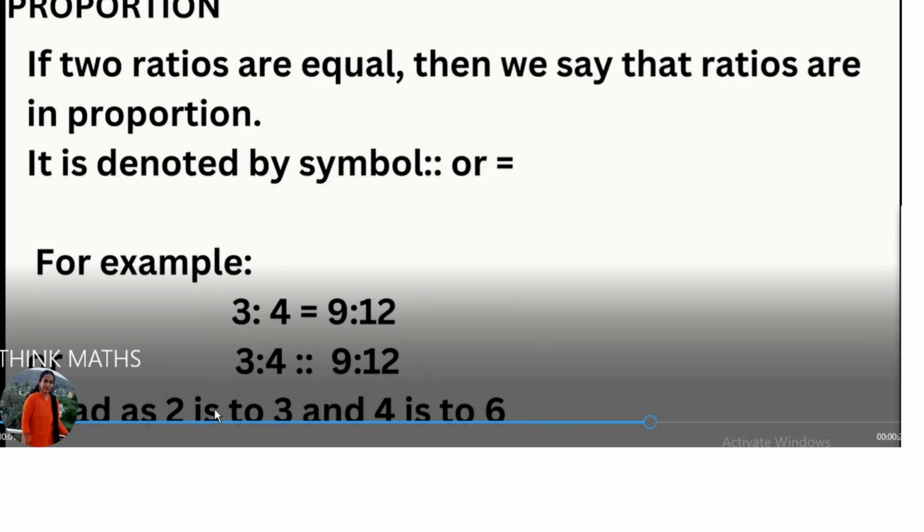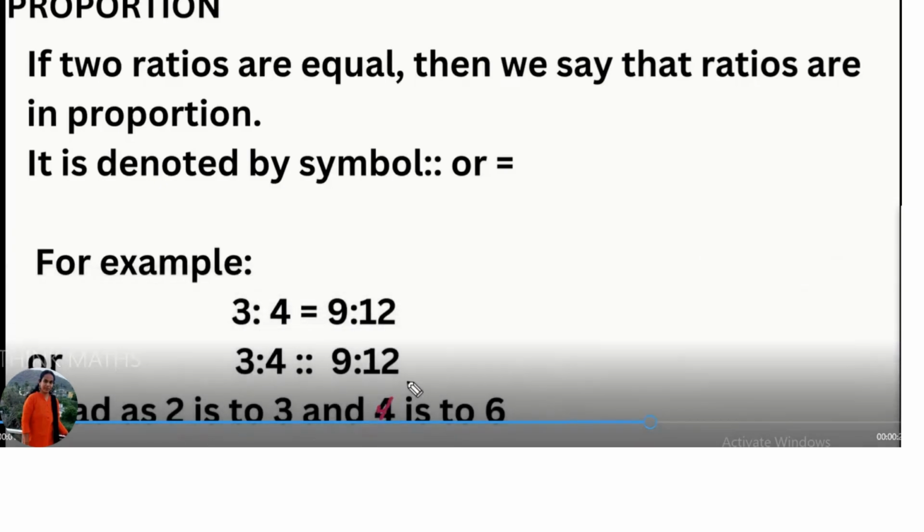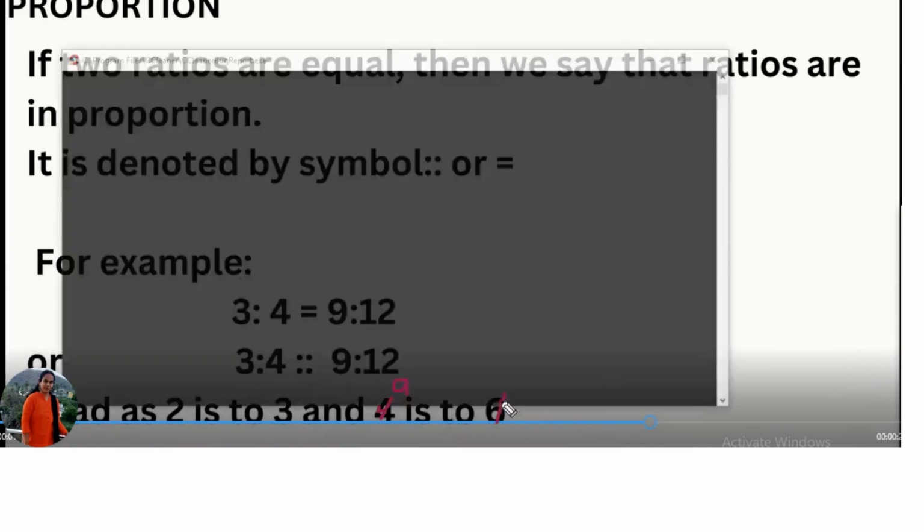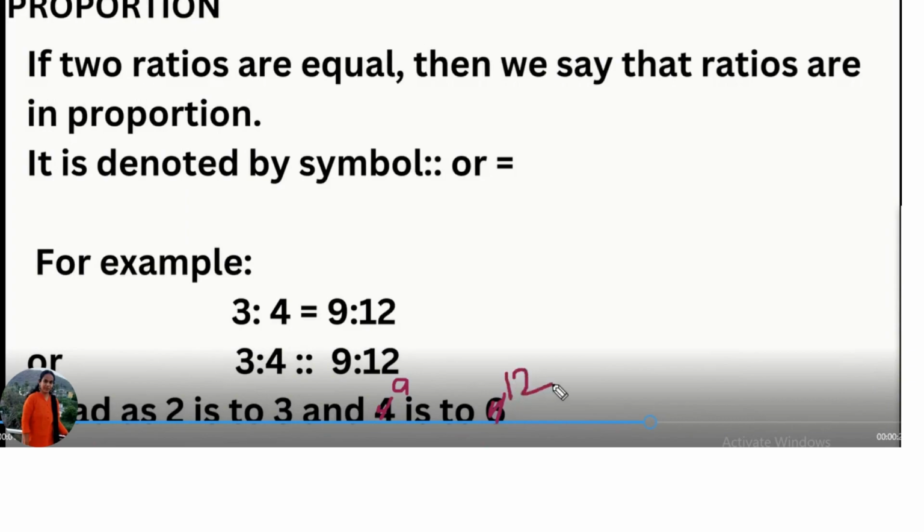So read as 3:4 and 9:12. Okay. So this is what you have to read like this. So this is the symbol for proportion. Okay. So just a minute. This is not 4. It is 9. 9:12. Okay.